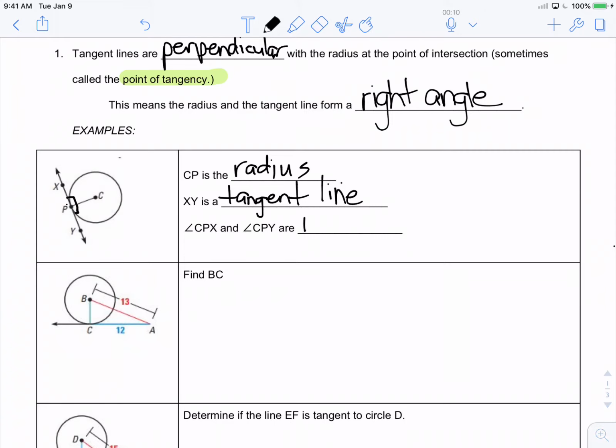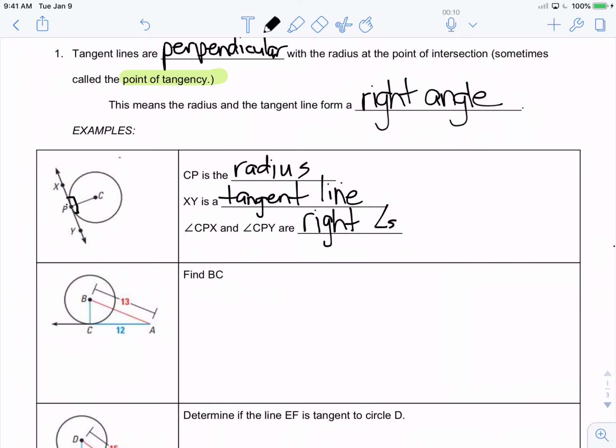So CPX and CPY are right angles. Okay, so if you remember back before Christmas, we focused on right triangles. So now we can look at right triangles in circles to find maybe missing radii, missing parts of a triangle.